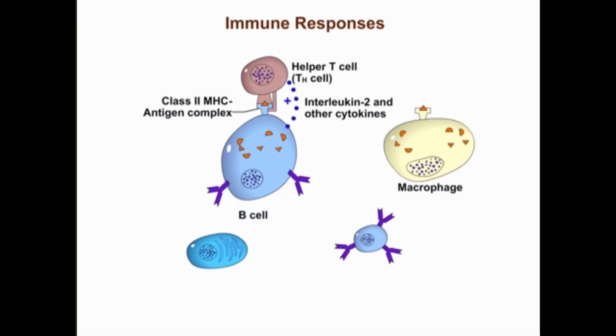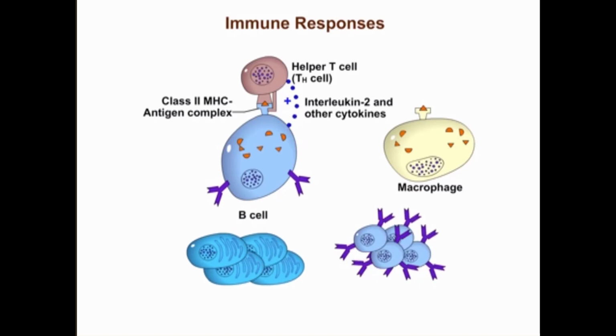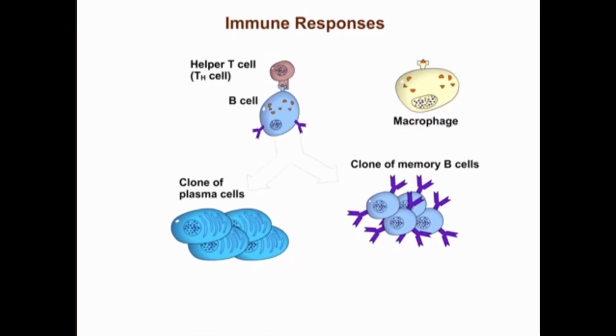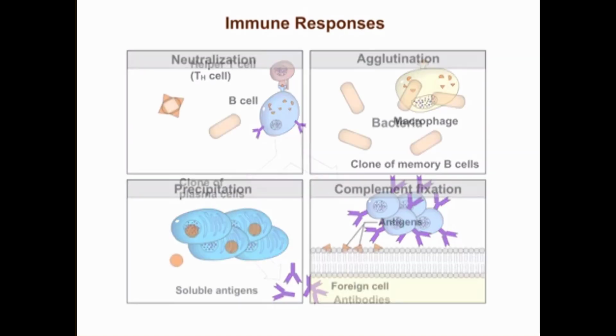Activated B cells divide repeatedly into memory B cells and plasma cells. The plasma cells produce and secrete large numbers of antibodies that are specific to the original antigen. In this humoral response to a T-dependent antigen, both the helper T cells and B cells are identified and selected for activity by the antigen.